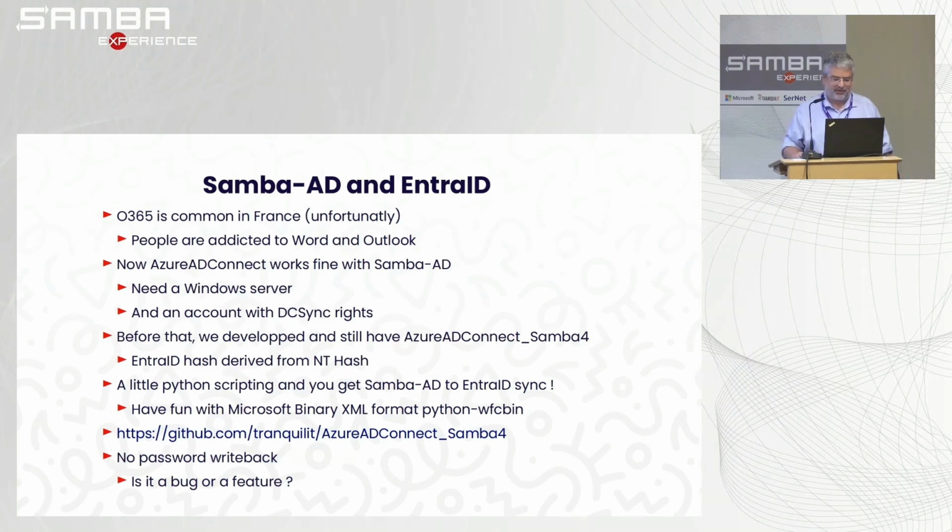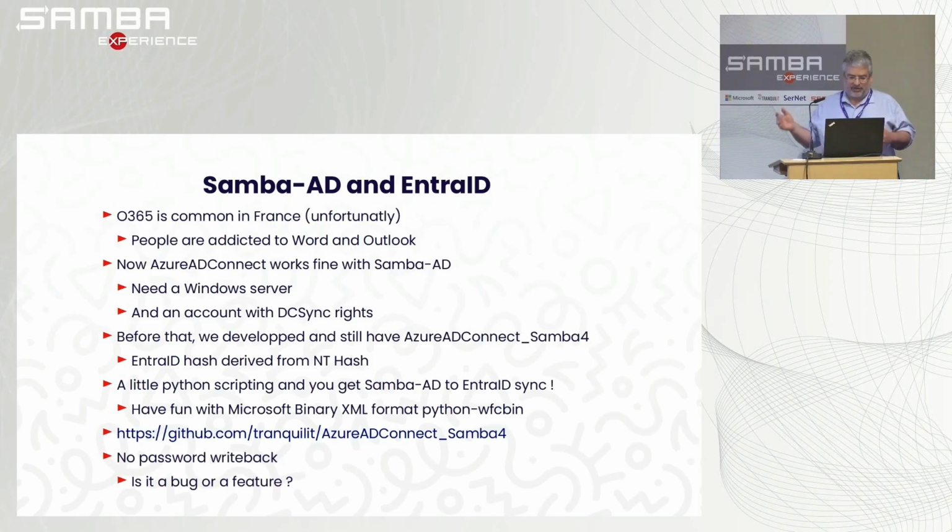And once people have been hooked onto Google Apps, when they get into companies, they are hooked again on Microsoft tools, with Word and Outlook. So Office 365 is unfortunately very common in France, too common. So Azure AD is a must-have.